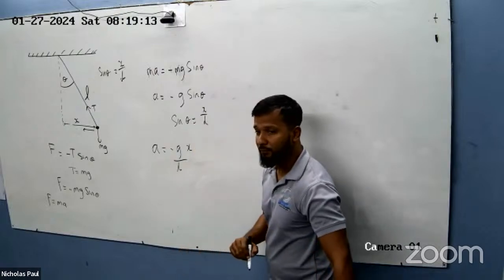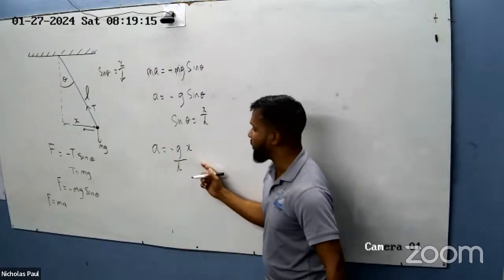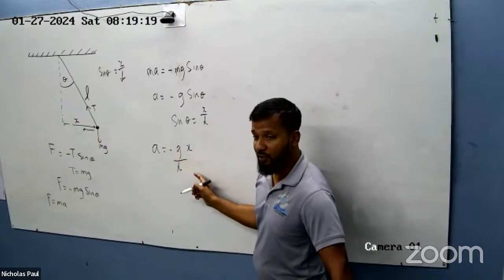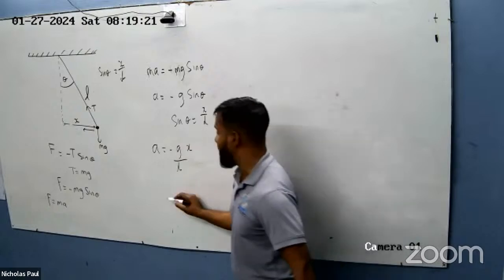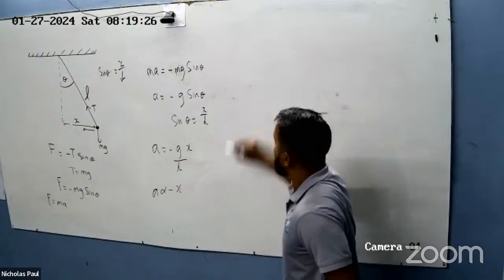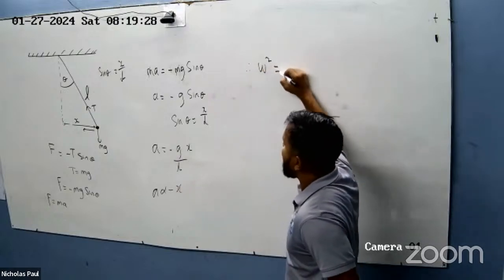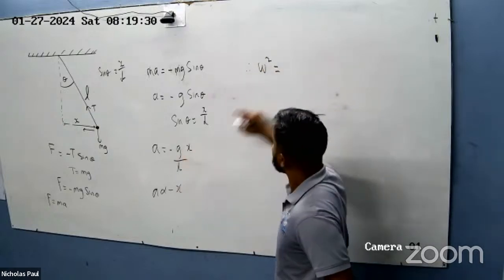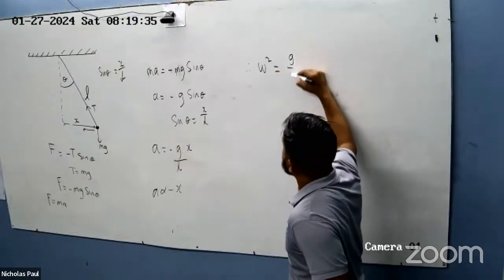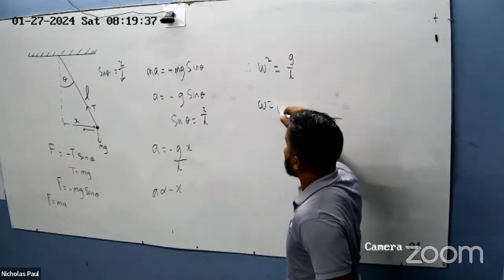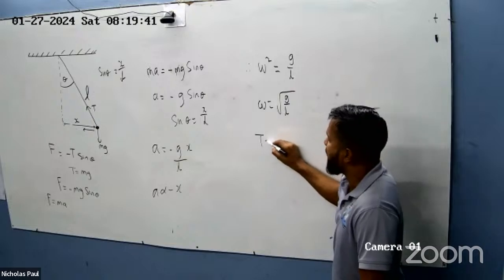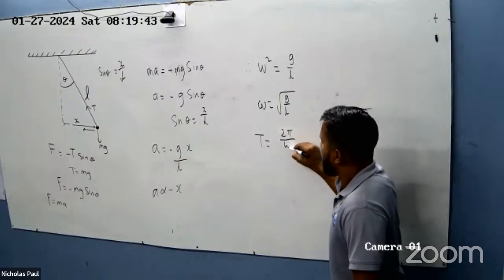Correct? Does this show simple harmonic motion? Yes, because a is proportional to minus x, and omega squared is just this alone. Omega squared is g on L. So omega is the square root of g on L. And we know that period is 2 pi on omega.